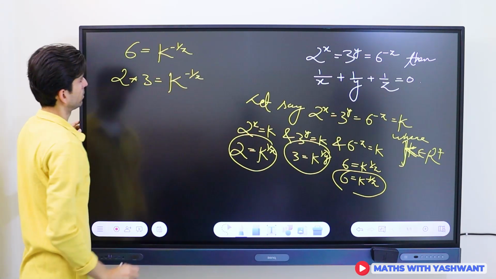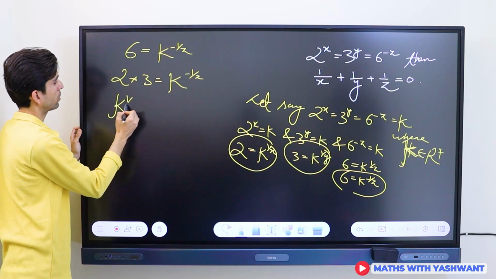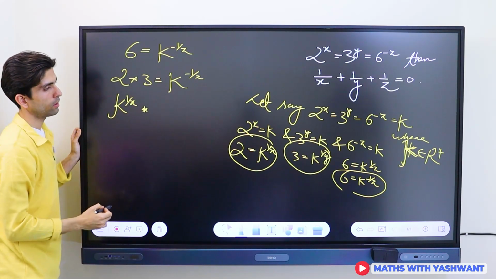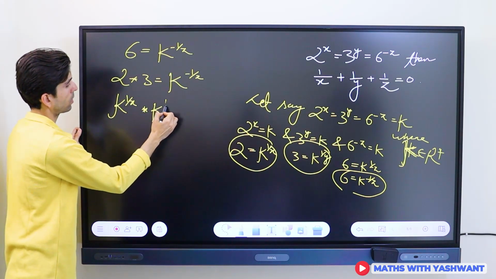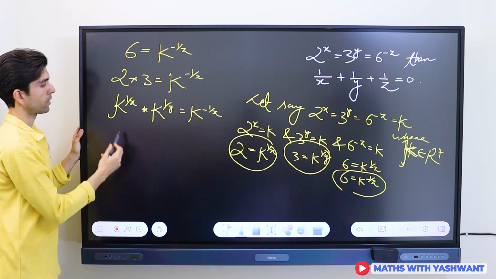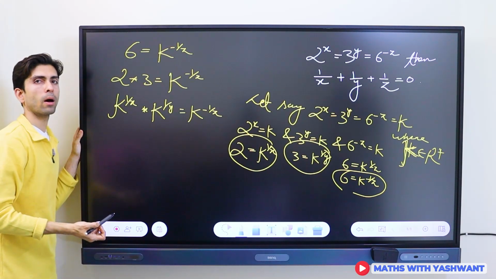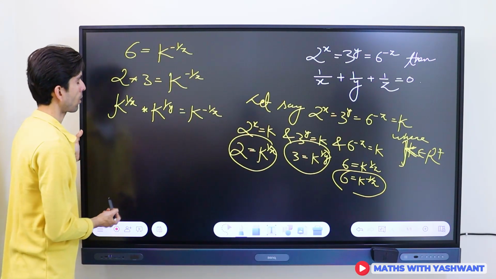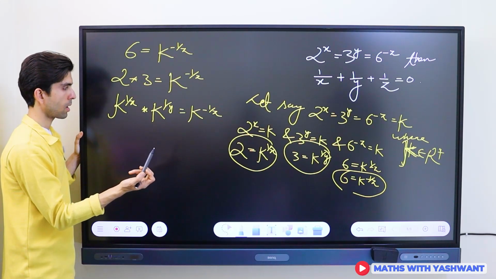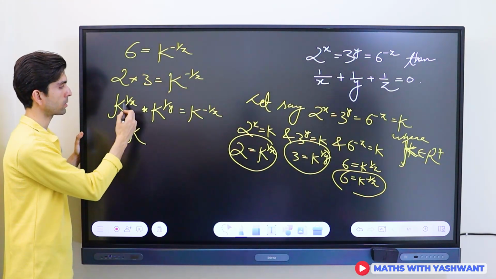So now for the value of 2 we can write k^(1/x), for 3 we can write k^(1/y), equal to k^(-1/z). Now we have the exponent law, and I have been repeating it in all the previous sessions, that when we have numbers in multiplication form with the same base, we add the exponents.